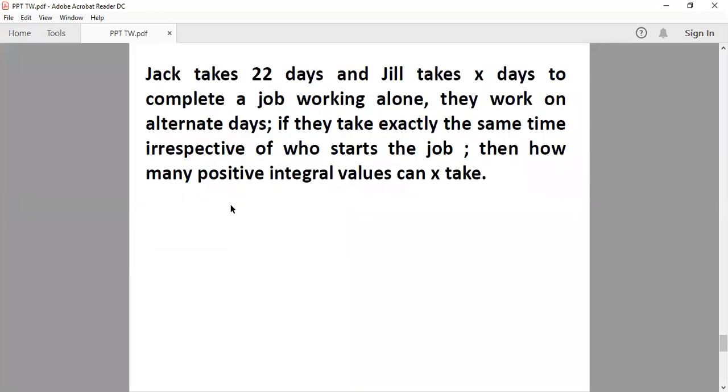Everyone try this question. This is one of the finest questions that you will do today or you would have done till date. Just try this.